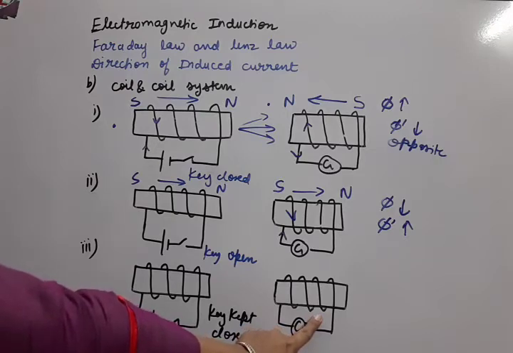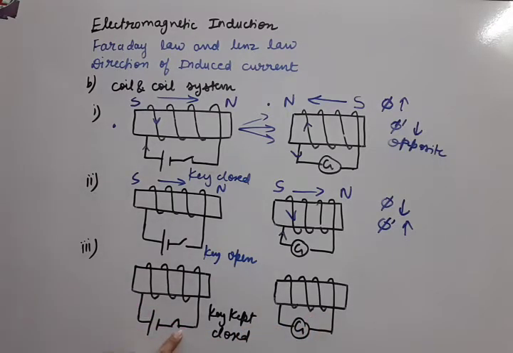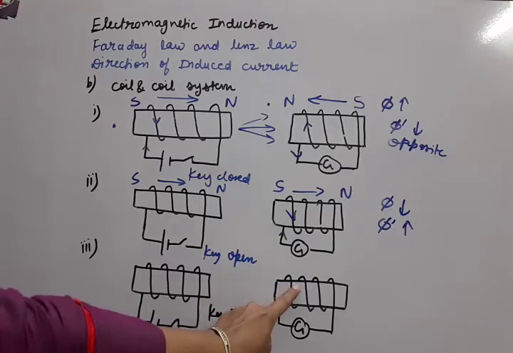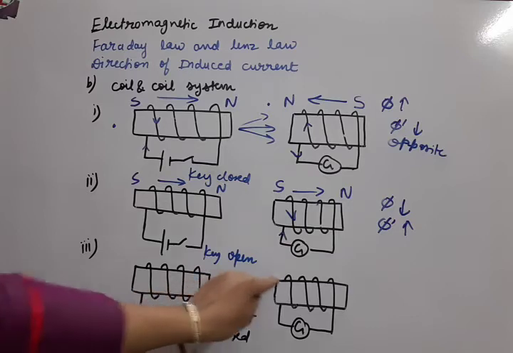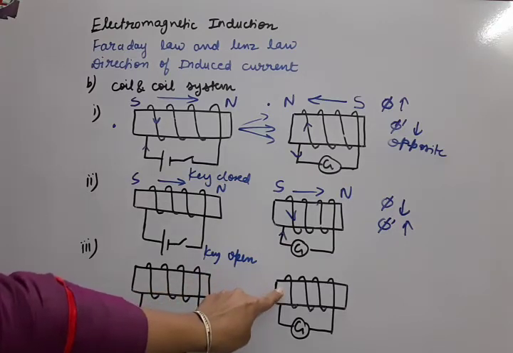No, because if the key is continuously closed, okay, so suppose 3 ampere current has to pass. So because key is closed only, so once the current is fixed, it will be 3 ampere all the time. So whatever field lines are generated initially, suppose 4 field lines are entering in this coil. So because there is no change here, that's why no field lines will increase or decrease.